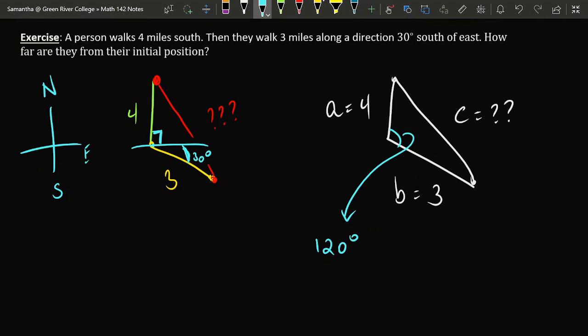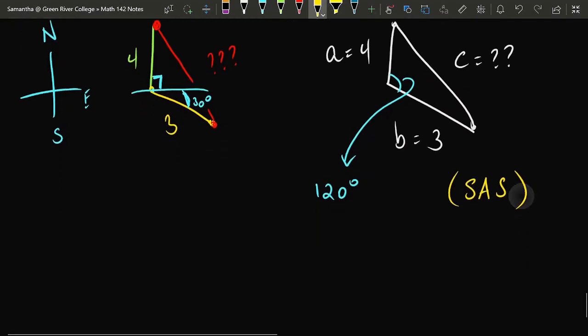So this would be an example of an SAS triangle problem. I know the length of 2 sides and of the angle between them. So let's see if we can from this determine the value of C. So I'm going to use the version of the law of cosines which has a C in it.